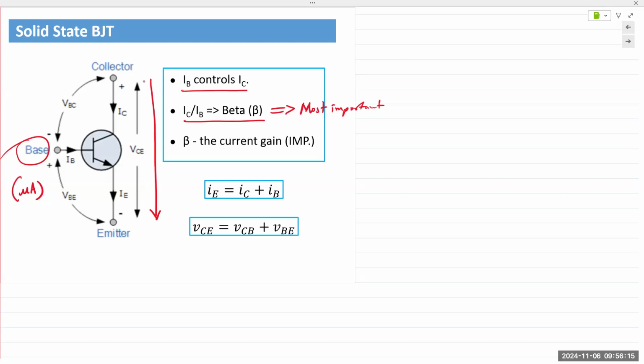Also, there are a range of values for beta. And the reason is that the manufacturing process is not precise. So even if you manufacture two transistors side by side, separated by just a few microns, on the exact same wafer at the exact same time, they will have two very different values of beta. The reason is very simple.